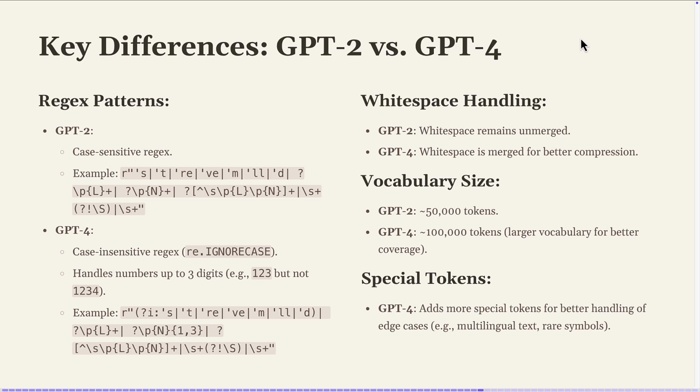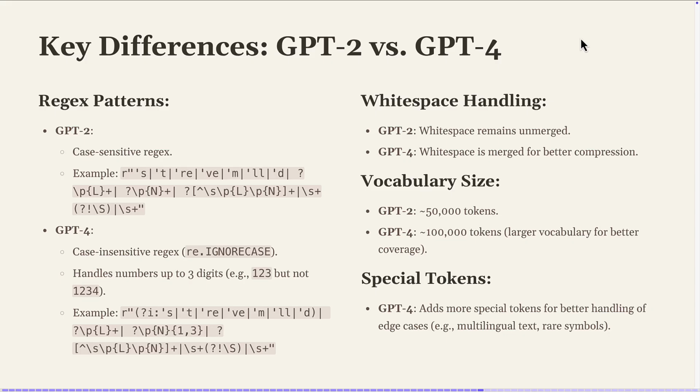It will handle numbers up to 3 digits, so it will make a clustering, and we have seen this in the beginning when we compared the arithmetic operations with the GPT-2 tokenizer and the GPT-4 tokenizer. So it will take 1, 2, 3, but it will not cluster 4 digits together.